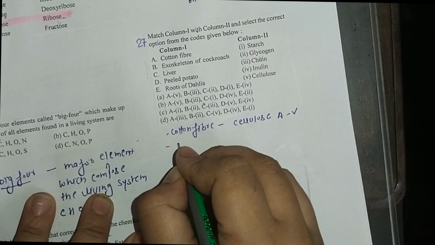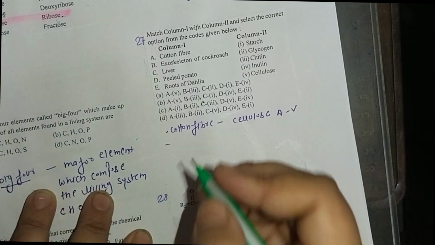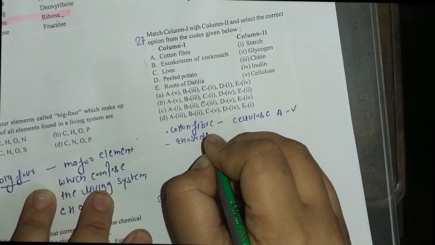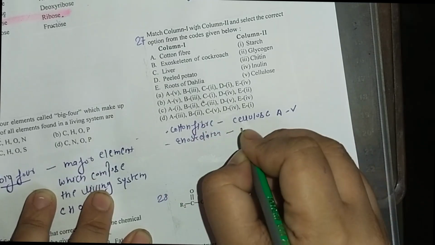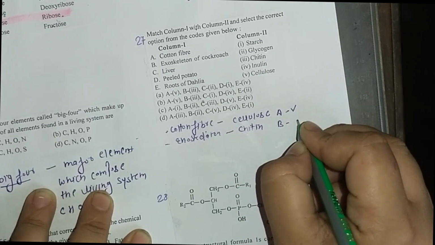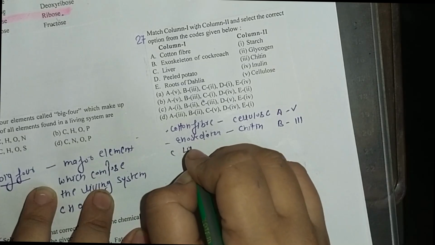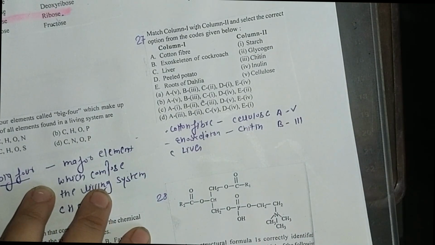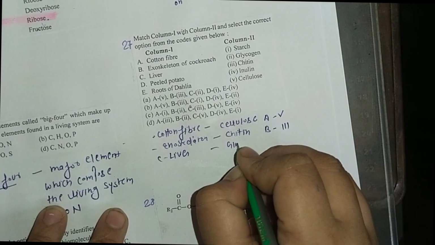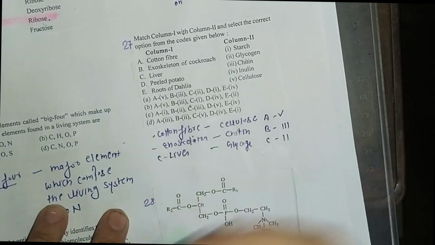Then the exoskeleton of cockroach, we have studied that the exoskeleton of insects is made up of chitin. So B is going to match with third. C, liver. Liver is present in the human body and its main function is to store glycogen. So C is with the second option.